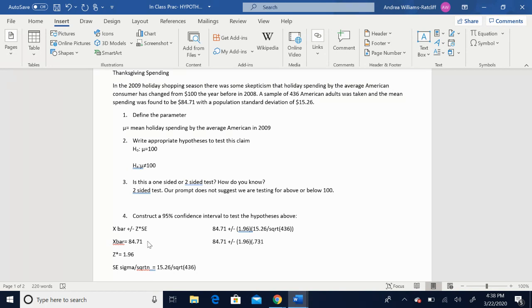0.731 approximately. So when I continue to calculate, I have 84.71, and I'm going to add and subtract 1.96 times the 0.731, which on my calculator is approximately 1.433.